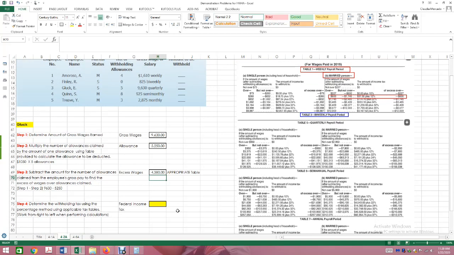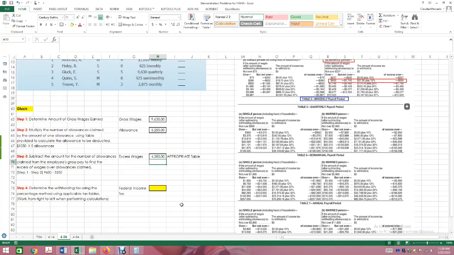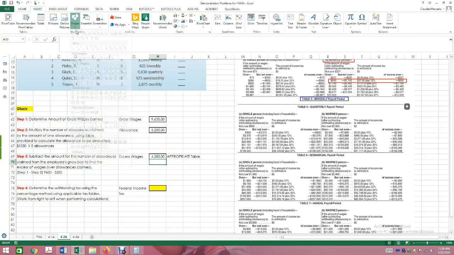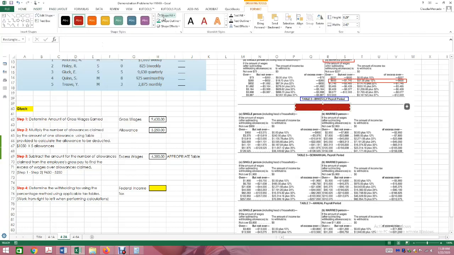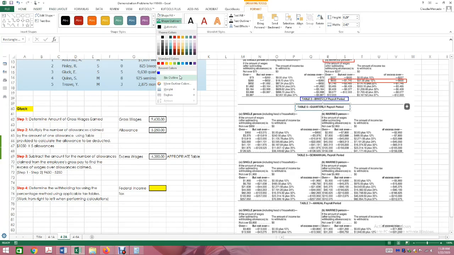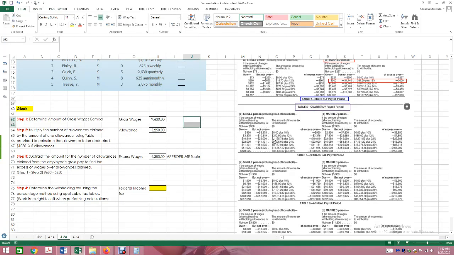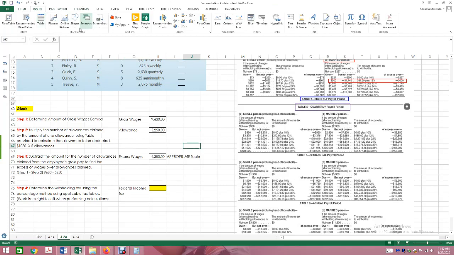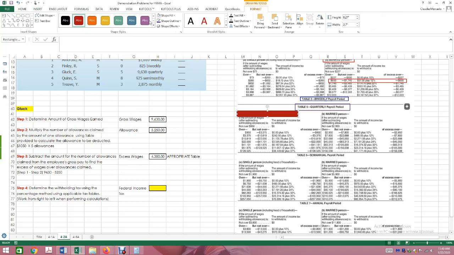Now we're going to look at the appropriate table. This employee gets paid quarterly. So let's look at the quarterly table right here, which is table 5. So this employee Gluck is single, so we're going to be looking at the single table, which is the left-hand side table.